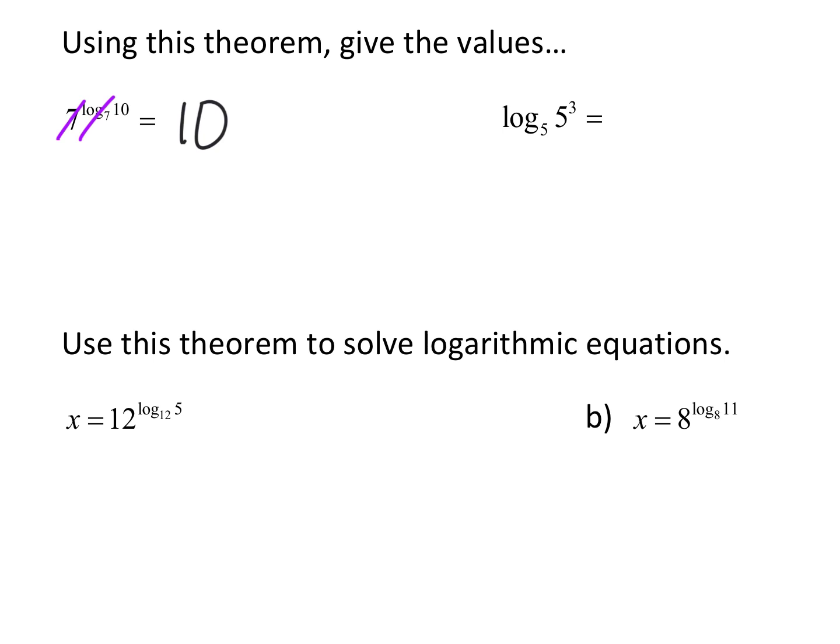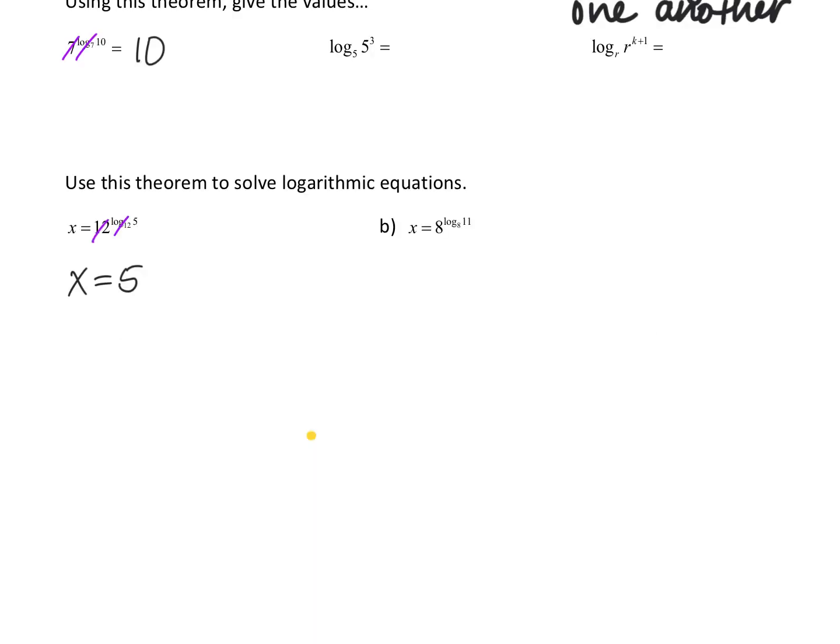Or the one right below it, if I have an exponential base of 12 and a log base of 12, they cancel, and I'm left with x equals 5. It really is that easy. Can you do the next 3? Good job on the board. Cross out, we cancel, 3.